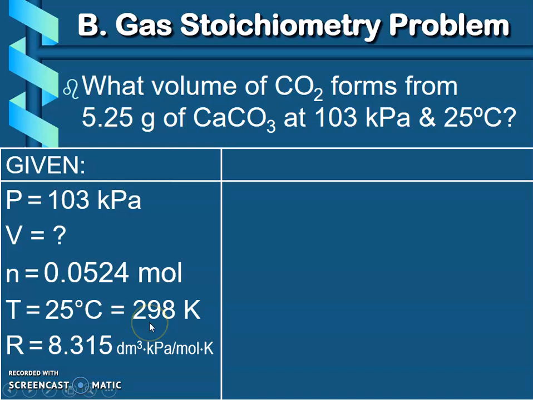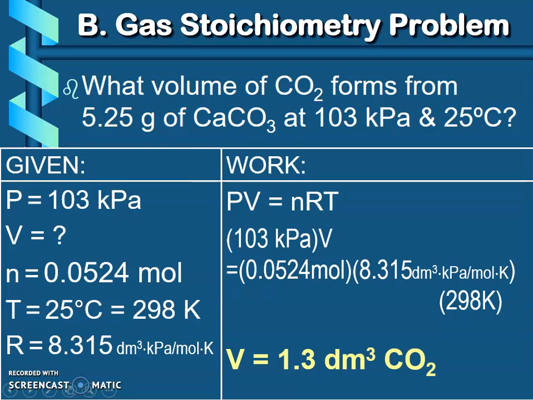Just add 273 to it because that's my conversion. And then for R, I have to look at which one of those constants. I'm going to look on my little cheat sheet. I see that I'm given kilopascals, so I am going to use the one that has kilopascals. Then just plug these numbers into our equation.